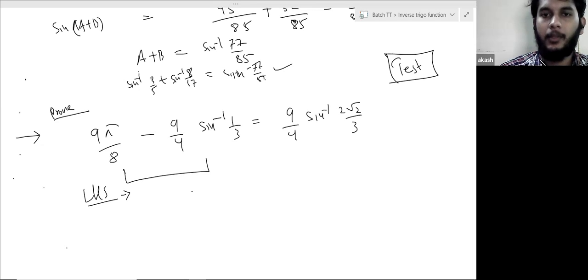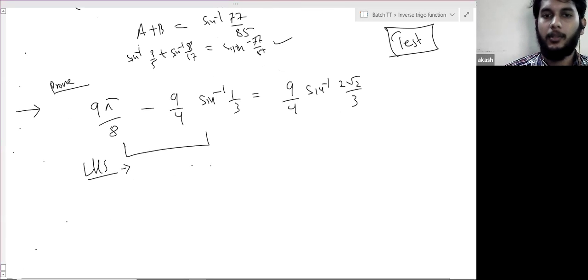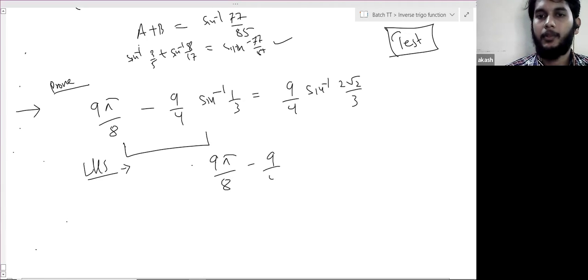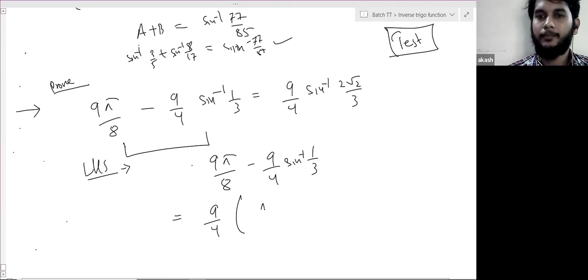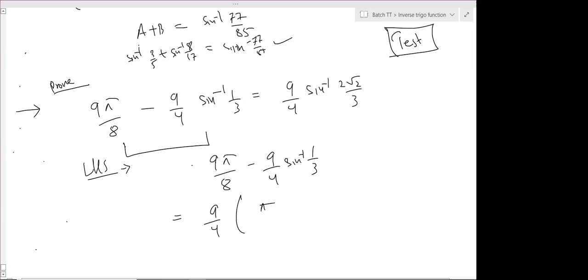All right. See, inverse trigonometric questions are very simple if you just use the right method at the right time. So if I take 9 by 4 common here, what will I get in the brackets? Pi by 2 minus sine inverse 1 by 3.